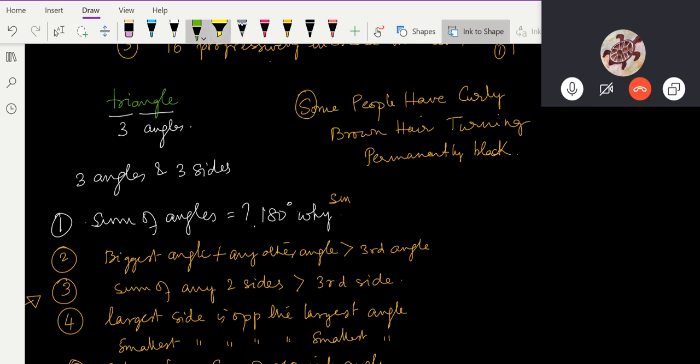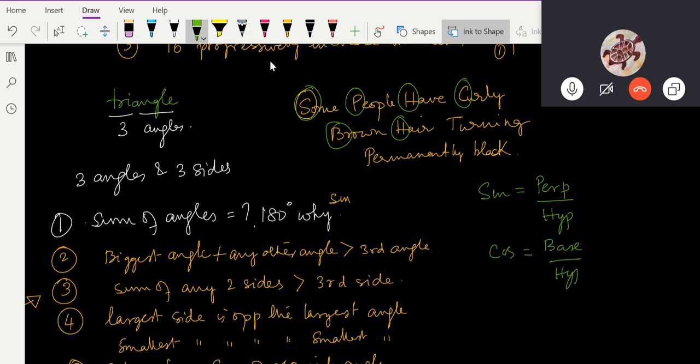Some, S, P, and H. S stands for sine, is equal to perpendicular by hypotenuse, or opposite by hypotenuse, whatever you call it. C is cos, base by hypotenuse. T is tan, perpendicular by base.